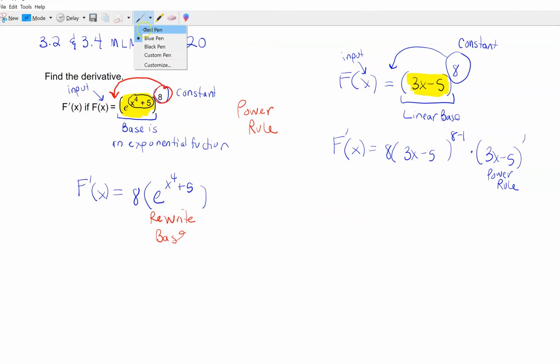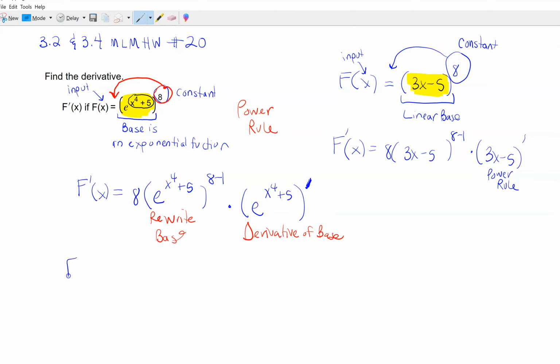Then I decrease that exponent by 1, and then I tack on the derivative of the base. So let's go ahead and clean this up. What in the world does this give us? So we have 8. Then we have the base to the 7th power.